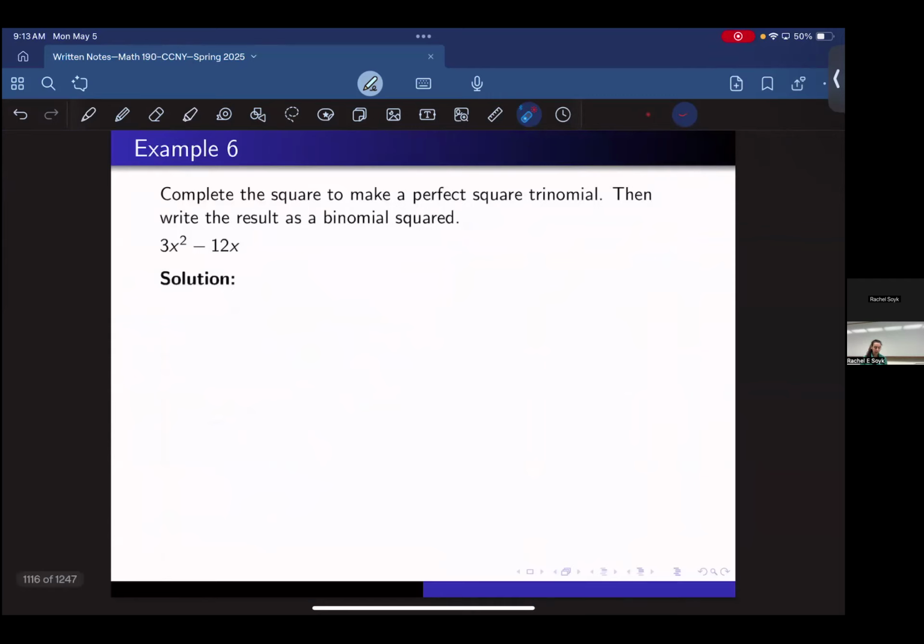So we might have time for this last example. Let's jump into it. We just want to make a perfect square trinomial here. This case is interesting because we can divide both sides, but you'll notice that you can also pull out a greatest common factor.